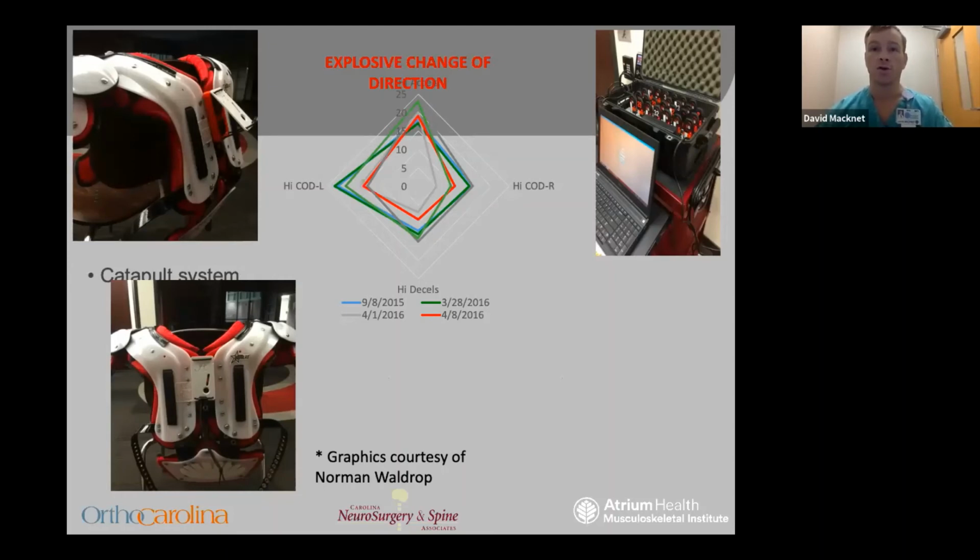The larger green and gray diamond is representative of the patient's pre-left ankle injury, and then the inner diamond, red and gray, is the patient immediately after an injury. As you can see, his peak deceleration decreased, and this was a left ankle injury, so his right side accelerations were markedly decreased.